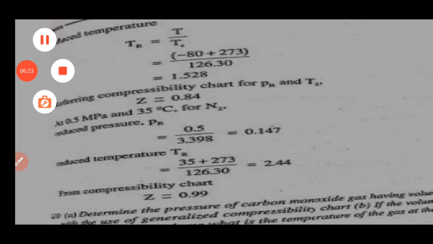Now you can see here the reduced pressure is 0.147 and the reduced temperature is 2.44. Now we shall see the compressibility chart.